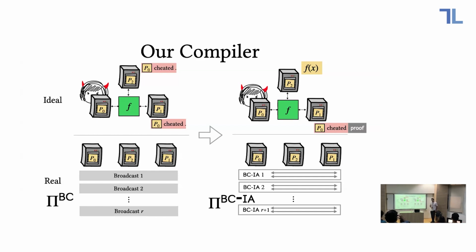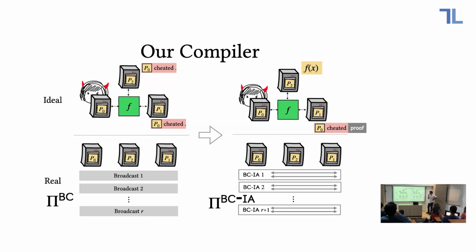With one more round of normal broadcast, you get the original guarantee. That's actually what the extra round is. If we had one regular broadcast round, we could use it to achieve consensus on the person who caused the cheat. So if you had one broadcast round, you could recover the original functionality.